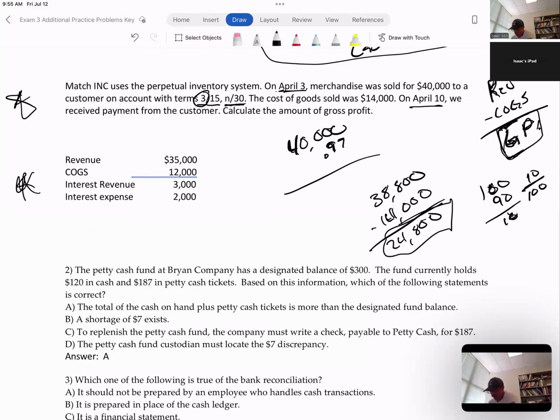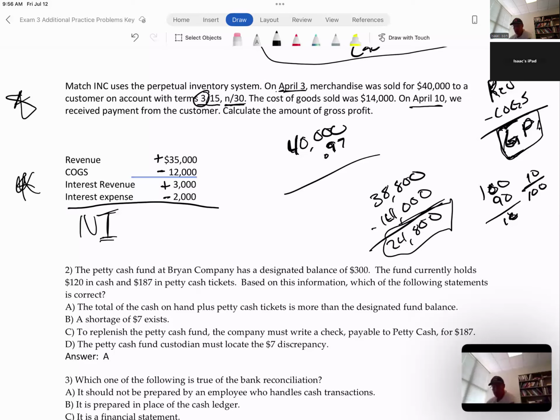All right, now the last one. This last one is a problem that wants you to calculate net income. You should hopefully know this, but net income is simply revenues minus expenses. So revenue of 35,000 is positive. Interest revenue would also be positive, but cost of goods sold is an expense, and interest expense is also an expense.